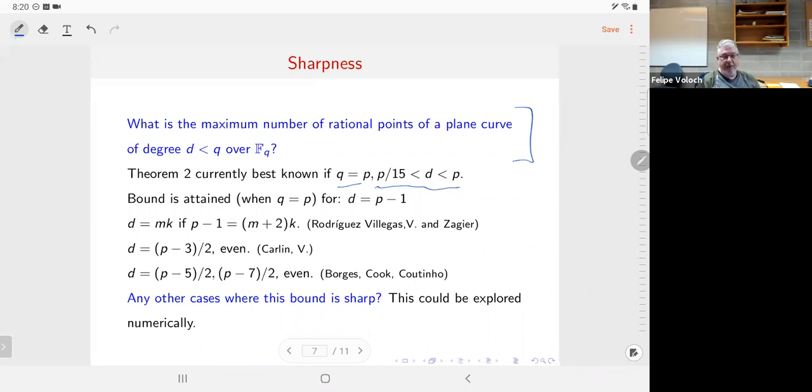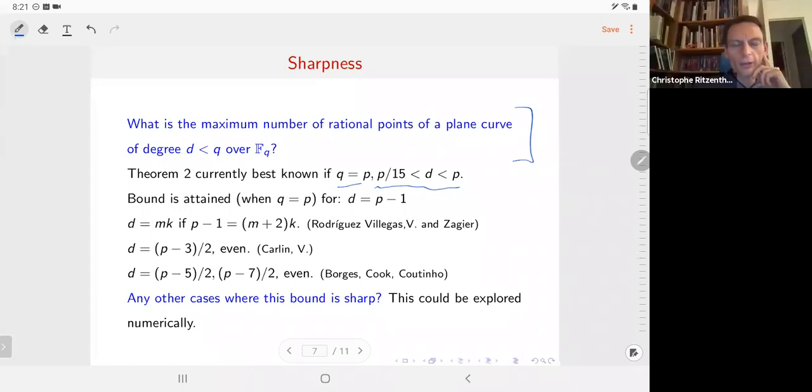When you get degree lower than p over 15, you can start using the Stöhr-Voloch bound for other embeddings. For example, you start with a plane curve, you can embed it in P5 via the Veronese embedding, and then you get another bound, and this other bound becomes better than this bound when d is less than p over 15. So that's why I put this.